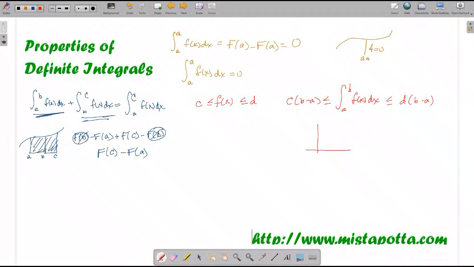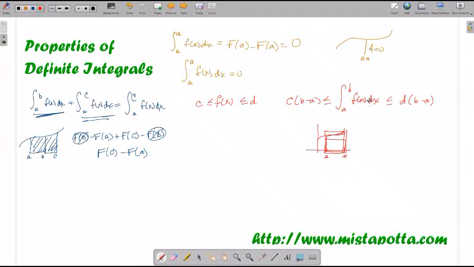The area under the curve from A to B, this area here, must lie completely between the biggest possible rectangle that I could draw and the smallest possible rectangle I can draw.